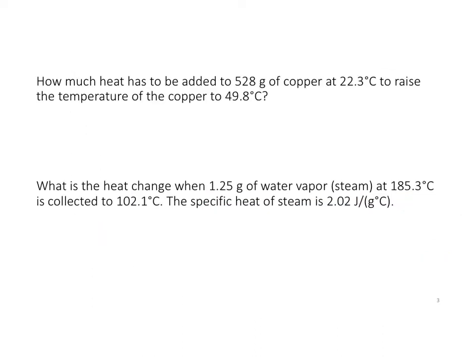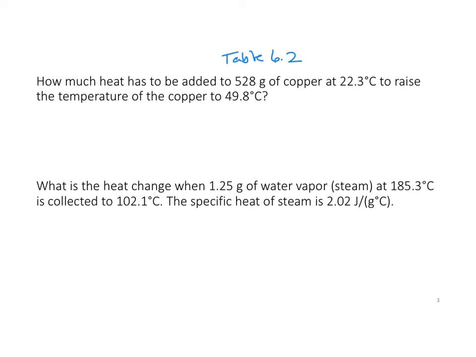How much heat has to be added to 528 grams of copper at 22.3 degrees Celsius to raise the temperature of the copper to 49.8? So you can see a table of specific heats. Table 6.2.